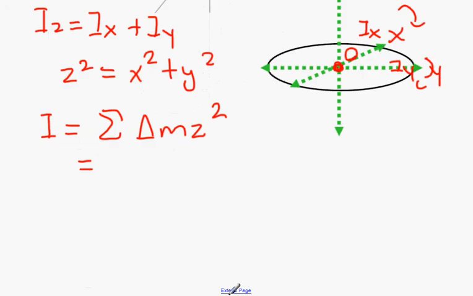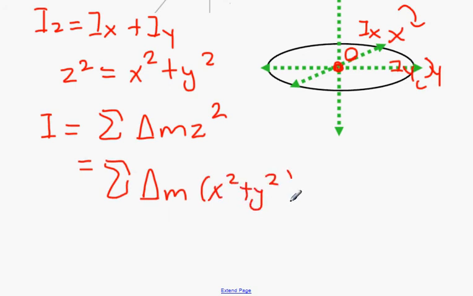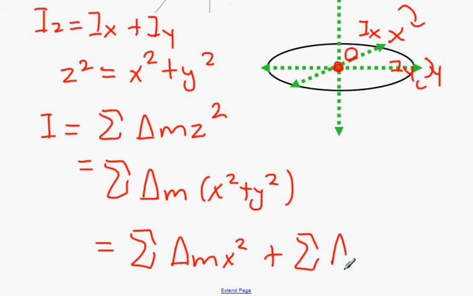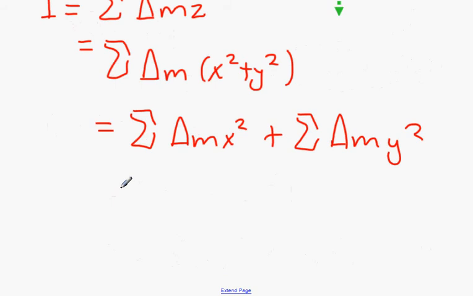Therefore, because z squared equals x squared plus y squared, now we can break that up into delta m x squared plus delta m y squared. This is the moment of inertia around the x-axis as it was in the first exercise, and this is the moment of inertia around the y-axis as it was in the first chapter, right? So Iy, and that means Iz equals Ix plus Iy.